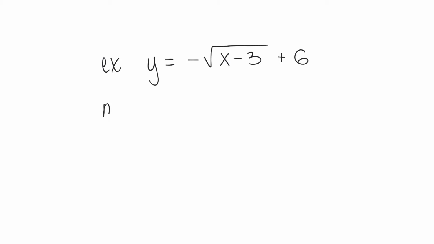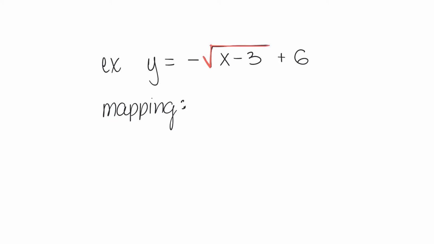Last one. What if we have something like this? y equals negative root x minus 3 plus 6. There's no brackets here, but my inside is now determined by this radical.